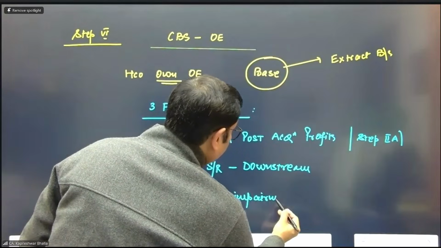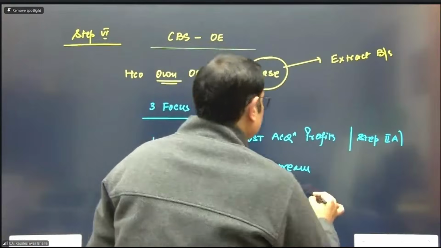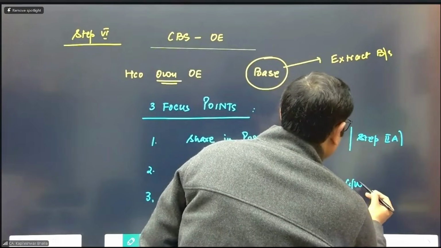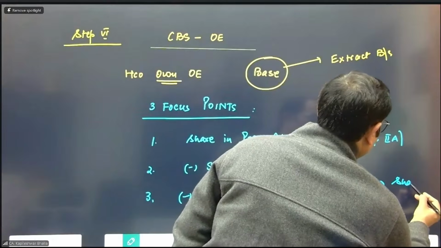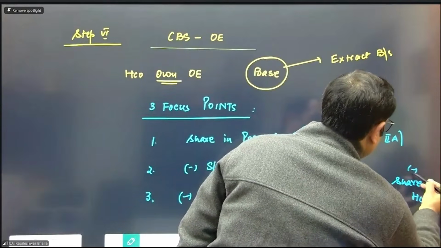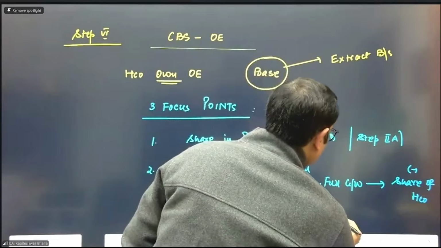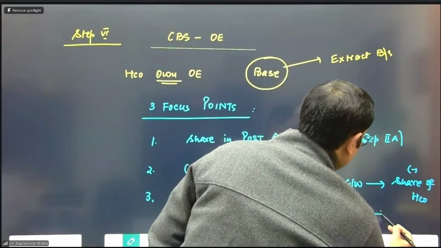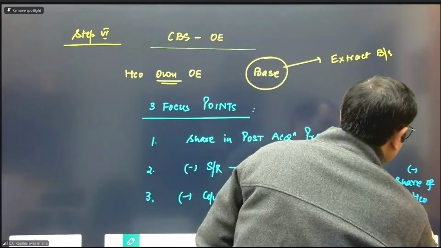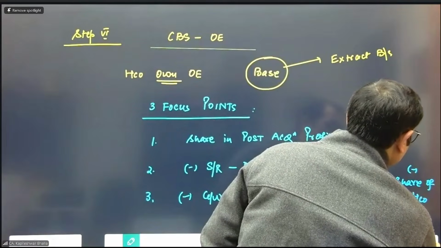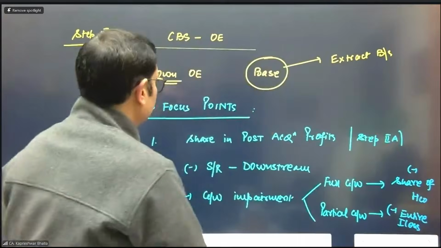If it is supposed to be full goodwill, then I'll reduce the share of the parent, the share of the holding company. And if it is supposed to be partial goodwill, I'll reduce the entire impairment loss in that case.